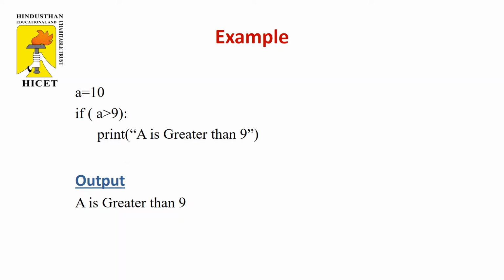This is an example for the if statement. Here we declare a variable a equal to 10. We check the condition if a is greater than 9. If the condition is true, it prints a is greater than 9.